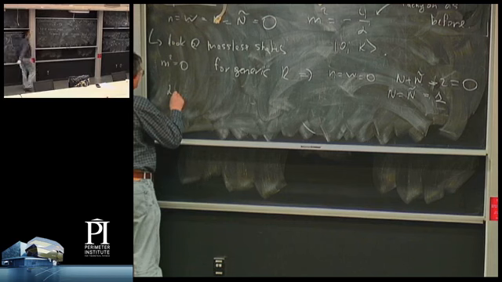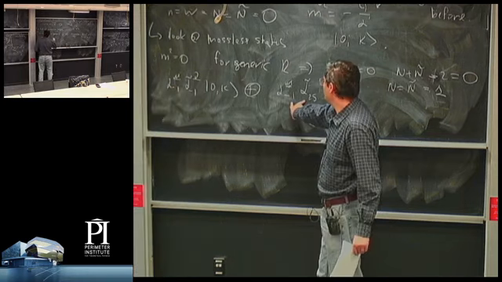Remember that those oscillators carry a space-time index, so before I would put m and n, but here I have to decompose it. So I can act with mu on a vacuum. That's one state.